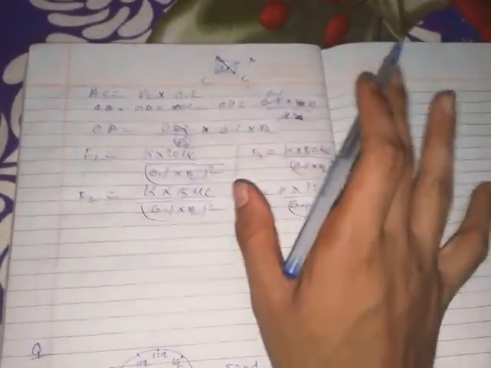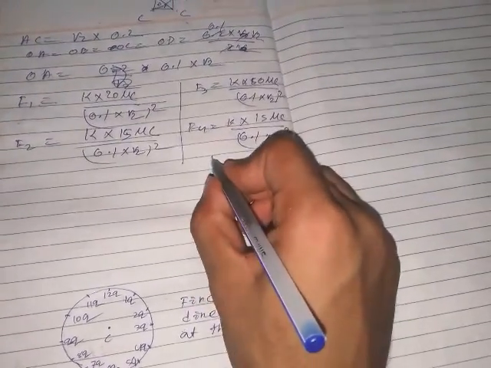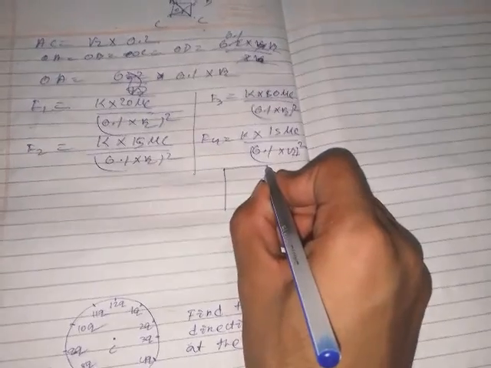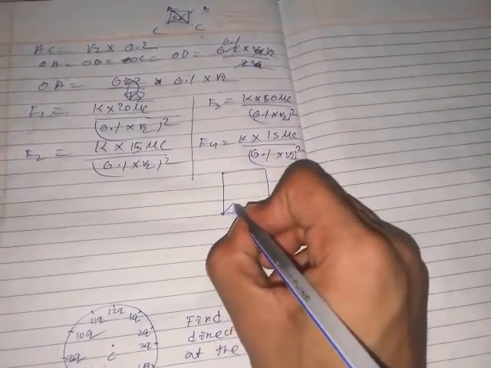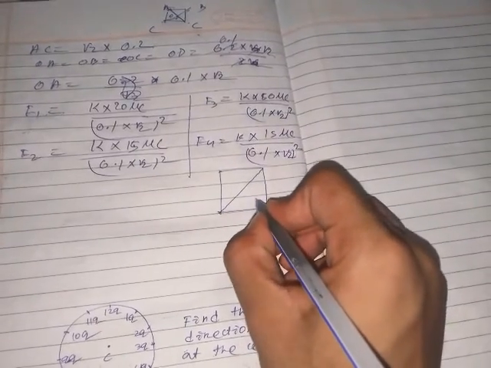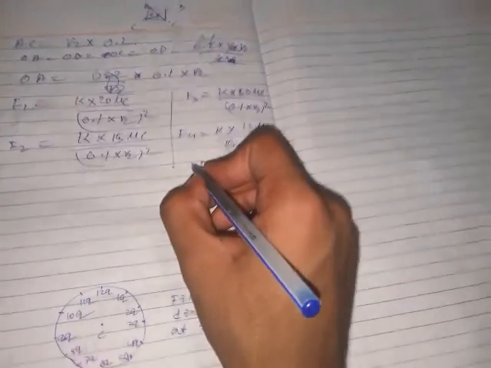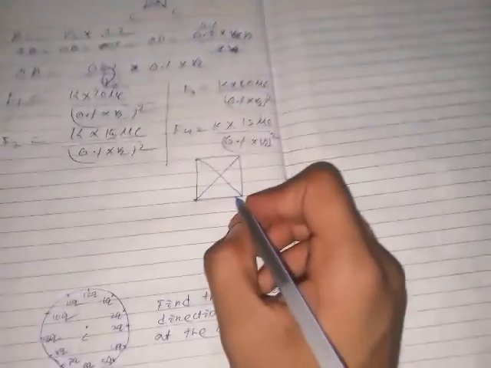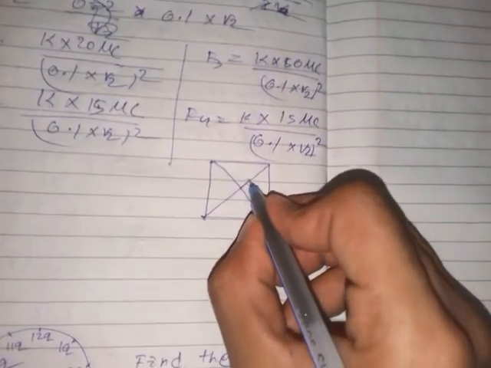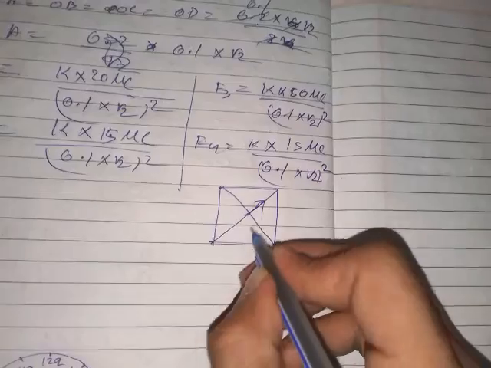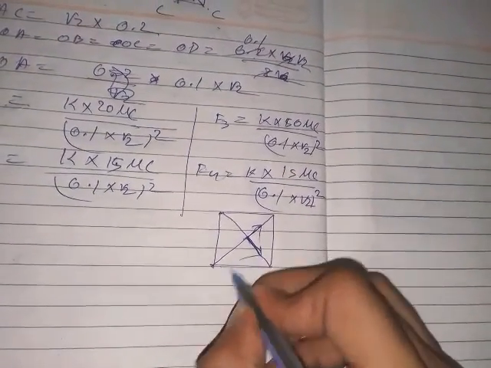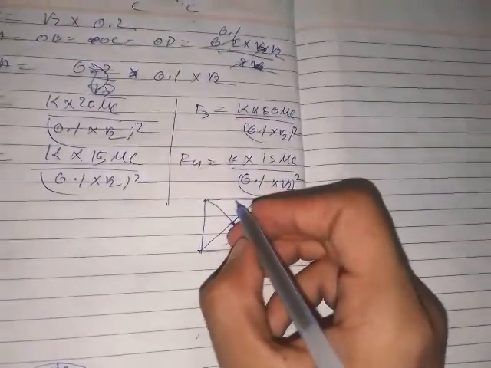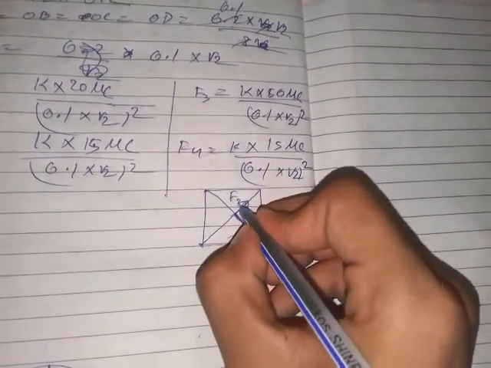All magnitudes are given. Okay, so here we have to draw another square. Then the net force is towards this direction, and another net force is in this direction. We name these F1 net and F2 net.